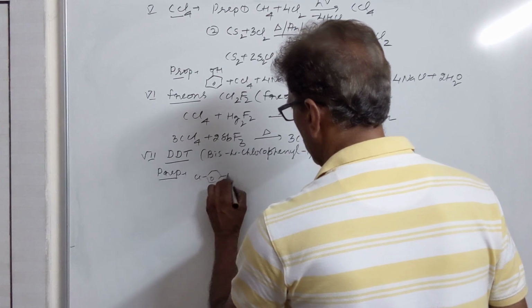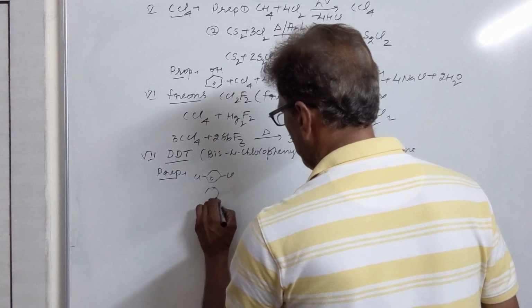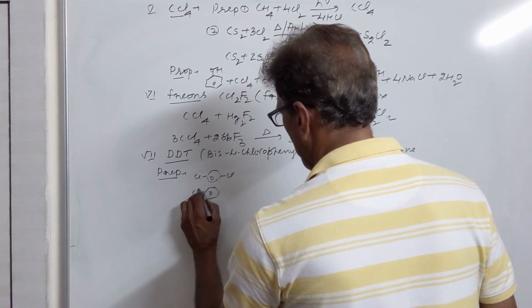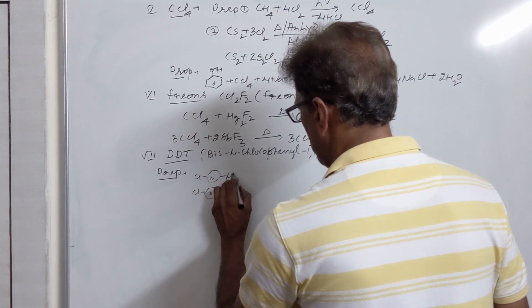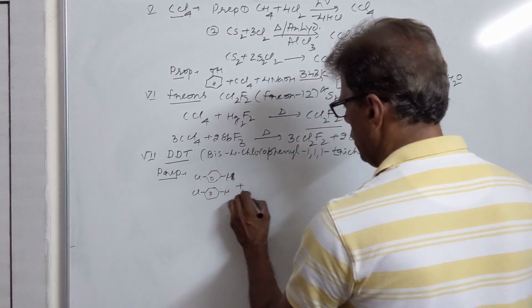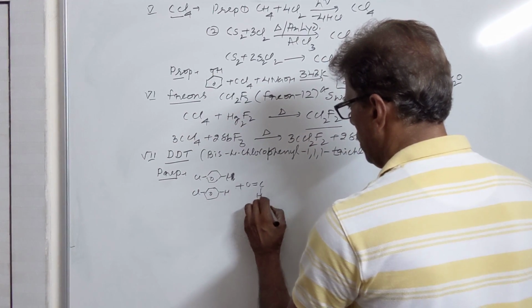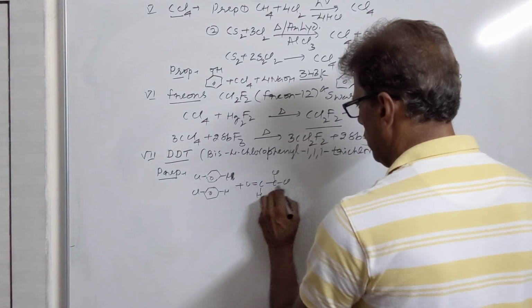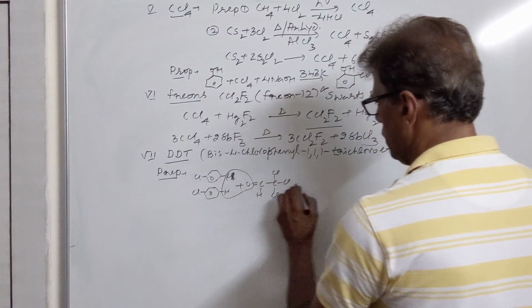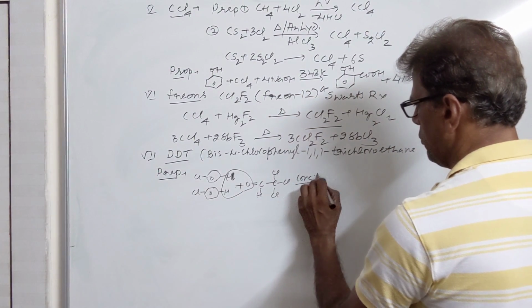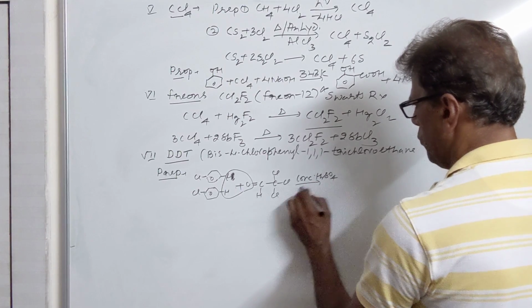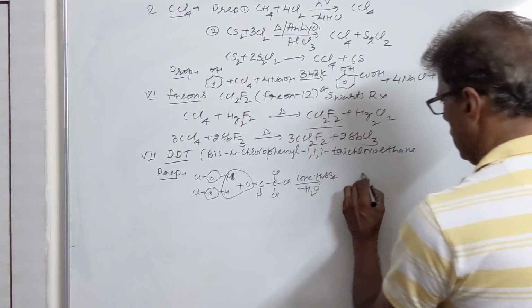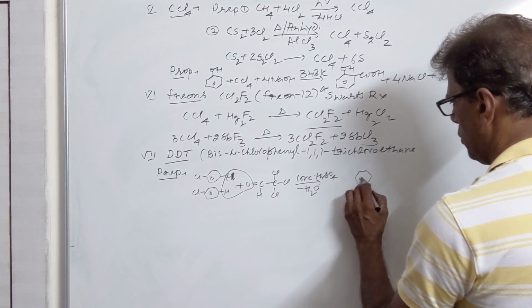We take 2 molecules of chlorobenzene, hydrogen is eliminated from the para position, and we get chloral here. This is heated with concentrated sulfuric acid. Water loss will take place. We get this product.